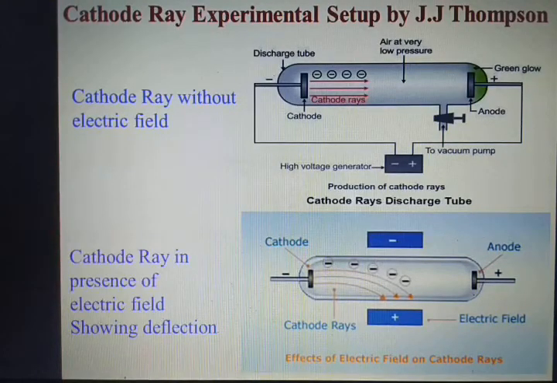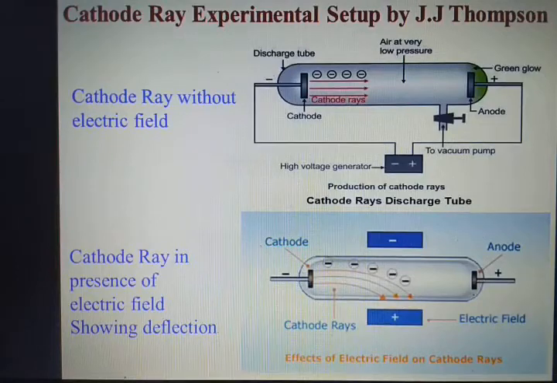So here it's written cathode ray without electric field, and the next one is cathode ray with electric field. When these cathode rays are exposed to electric fields, they show deflections. They are getting attracted towards the positively charged plate, which clearly shows that cathode rays are negative in charge.